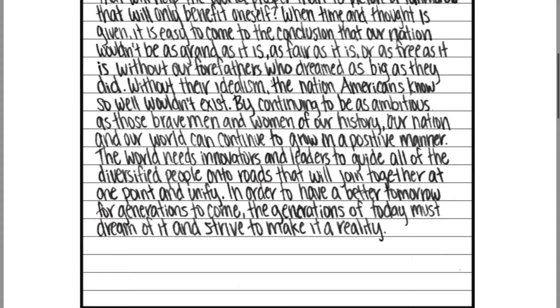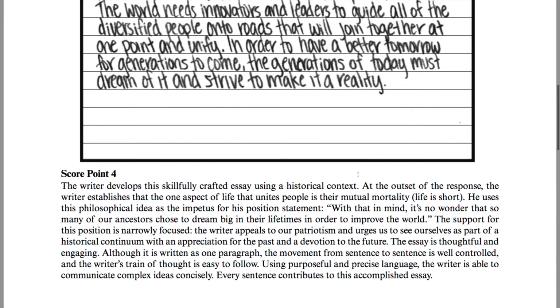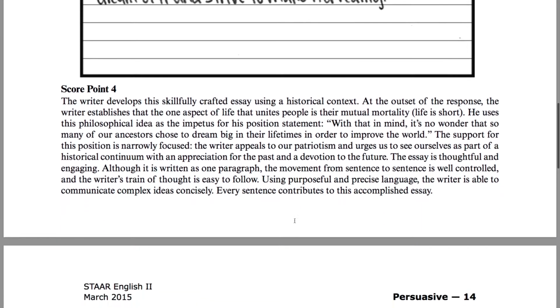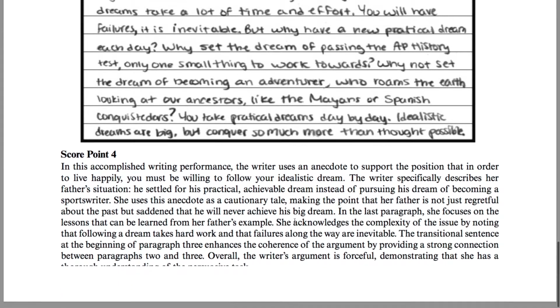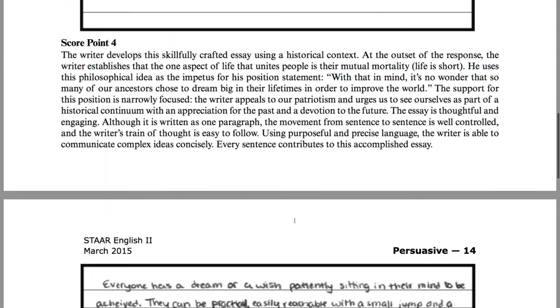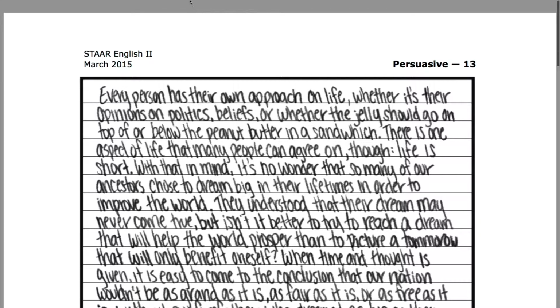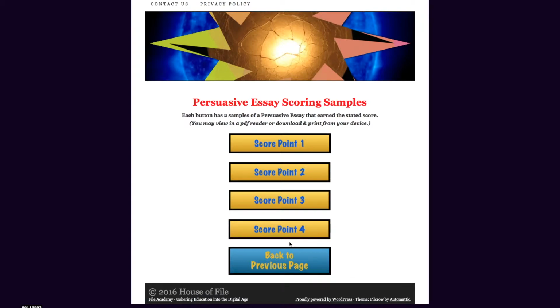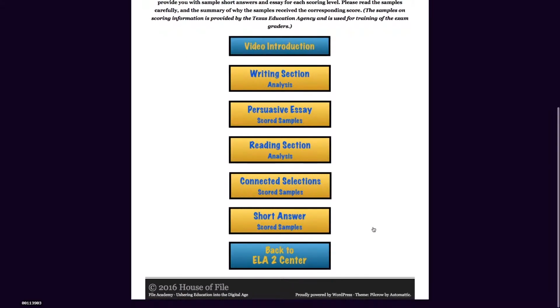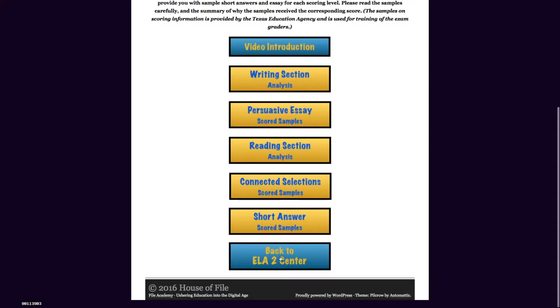You can read it and see exactly what it has in it, and the score points also give summaries of why it got that score. And don't only look at the top ones, the score point fours, but go look at the bad ones to make sure that you don't write a bad essay. And then we also have the same thing for your short answers.